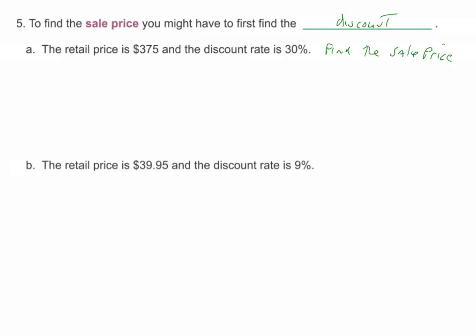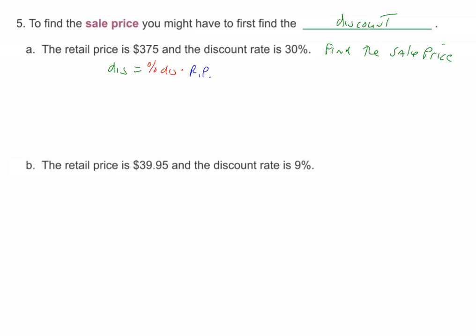Notice again, we're using the same formula. Discount equals percent discount times the retail price, which simply is the part, the discount, is the percent times the whole of the retail price. Okay?